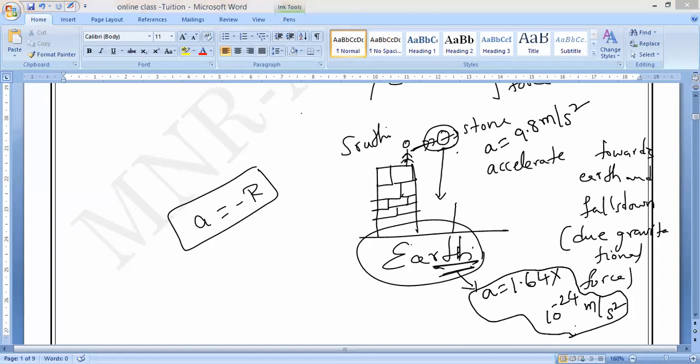This value will not be in any textbook, so that is what I am saying. What is the acceleration of Earth? 1.64 into 10 power minus 24 meter per second square.